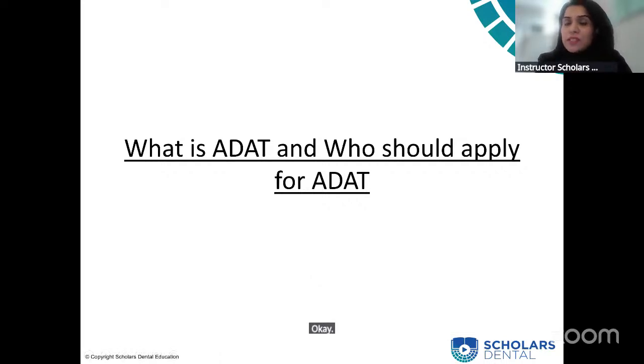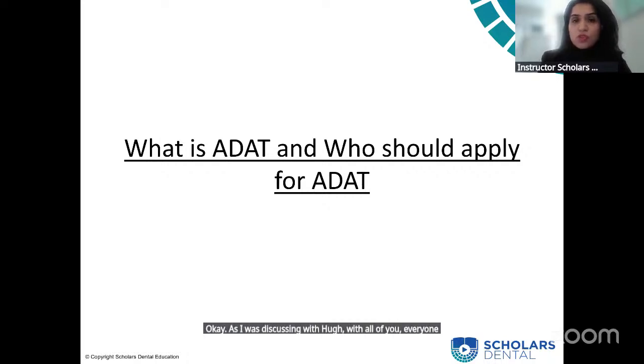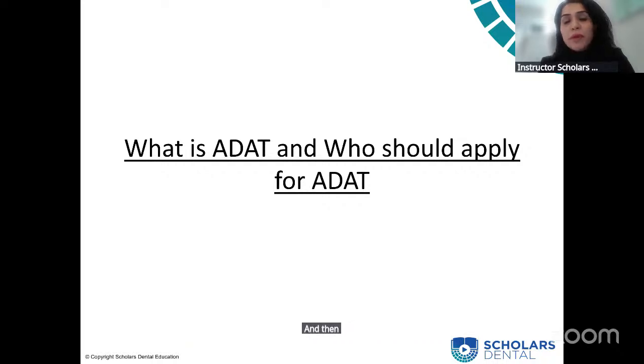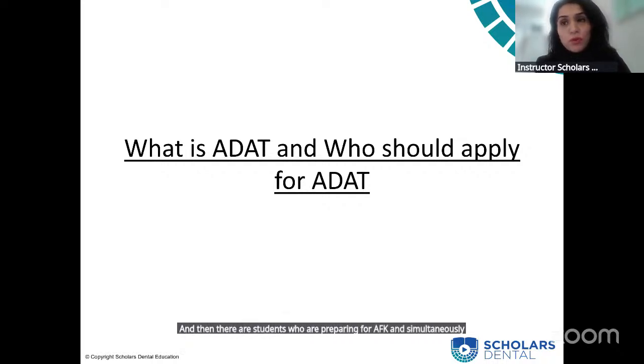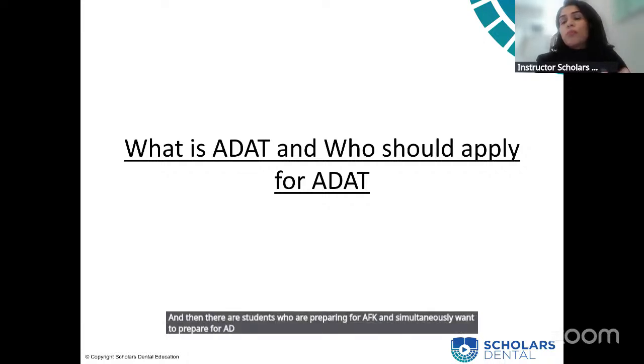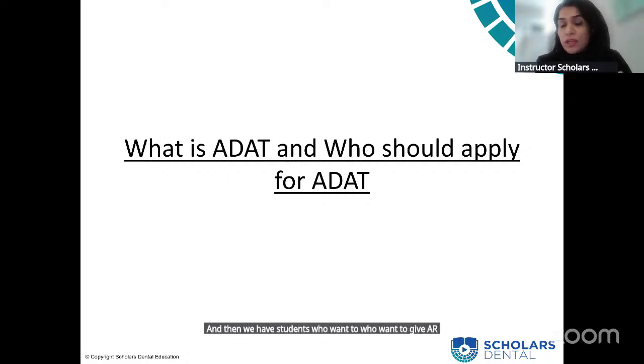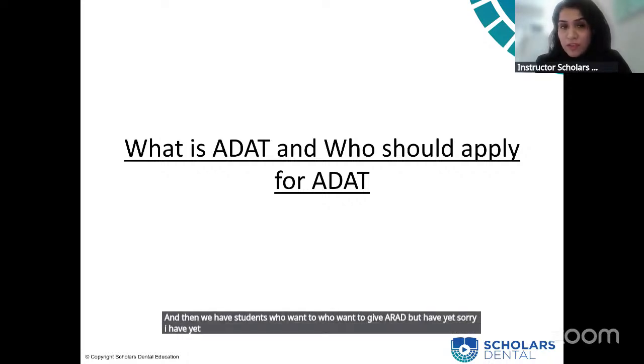As I was discussing with all of you, we have students who have given AFK and are now planning for ADAT. Then there are students who are preparing for AFK and simultaneously want to prepare for ADAT, or want to know more about it. And then we have students who want to give ADAT but have not yet given AFK.